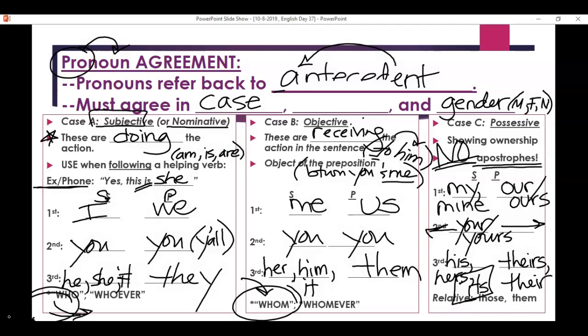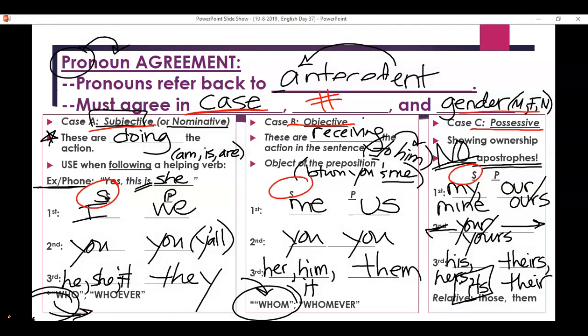So whenever you're figuring out which one to use, it has to agree in three ways. It has to agree in case, which means is it doing the action, receiving the action, or possessing something. It has to agree in number, which means singular with singular, plural with plural. And it has to agree in gender.